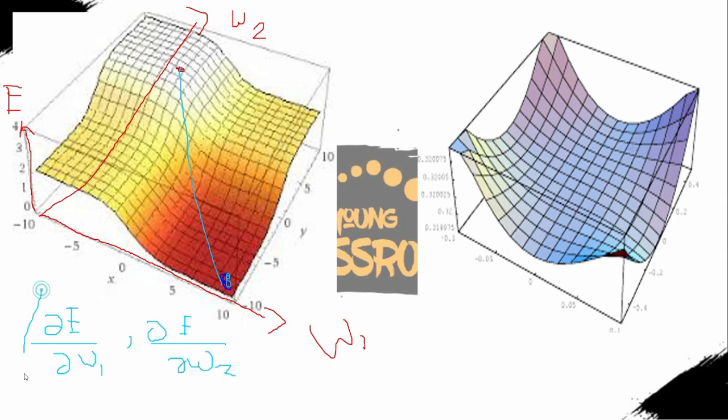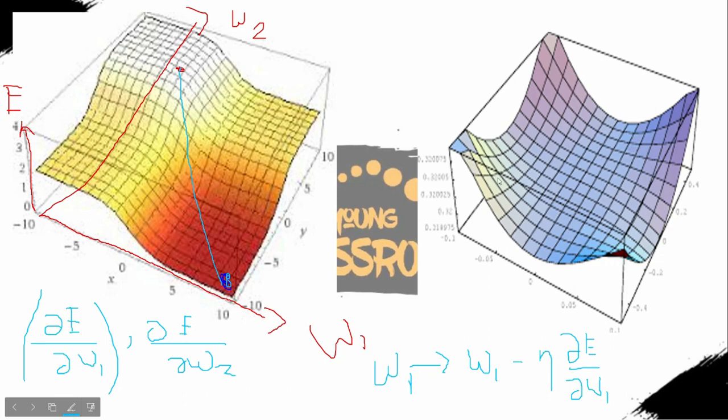So we change our weights: w1 is changed to the old w1 minus some value eta times dE by dw1. Similarly for w2 and similarly for all the values. We do this iteratively. We perform this operation iteratively until we reach this position.